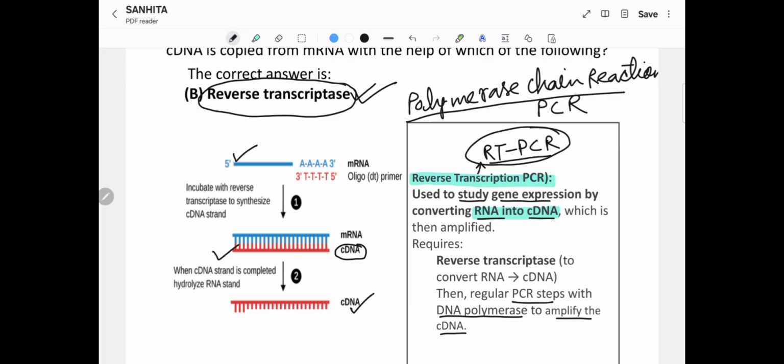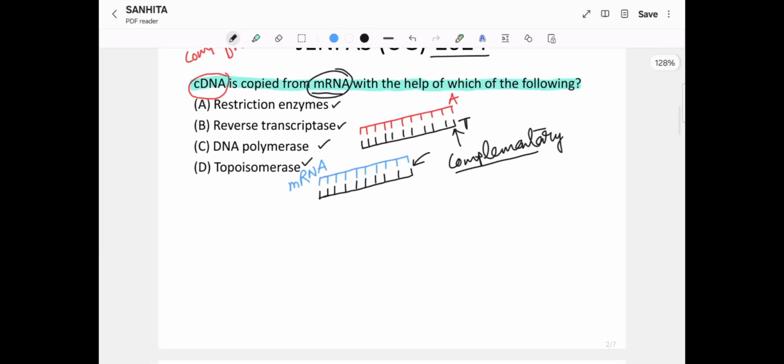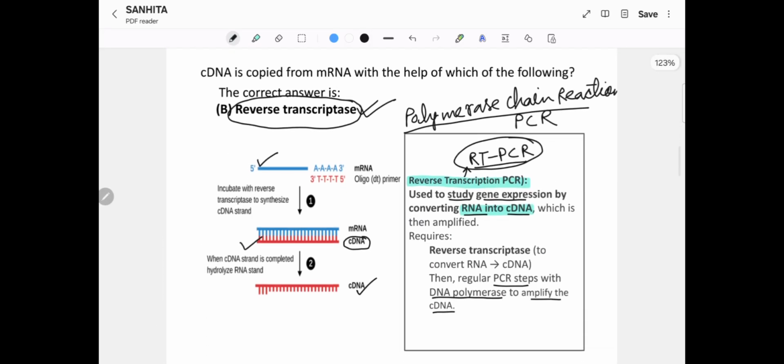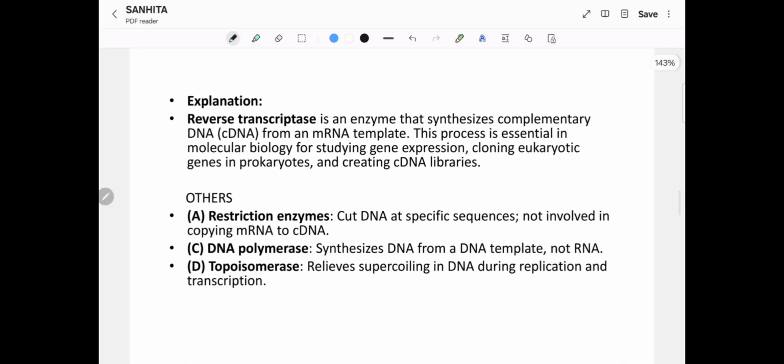Okay, so now we will see why the other options are not correct. The option B is correct, and why are A, C and D not correct, we need to know. So firstly again, reverse transcriptase.